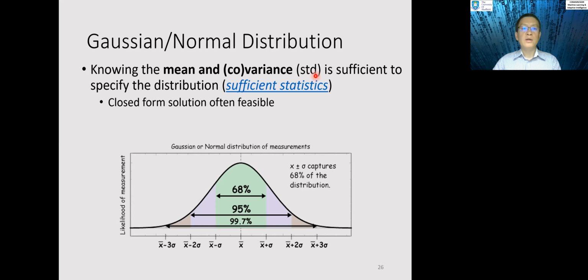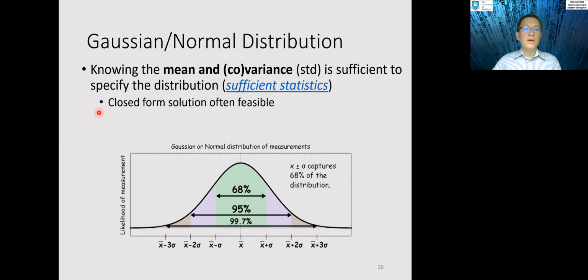Then we can specify the whole distribution. And the mean, and variance or covariance, are called the sufficient statistics. So by knowing these two statistics, we know the full distribution of the Gaussian distribution. So the mean is called the first order statistic, and variance is the second order statistic.